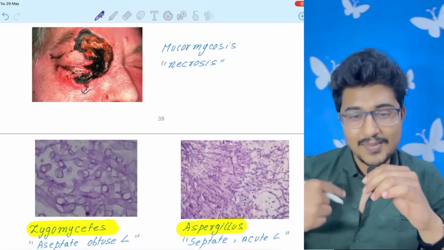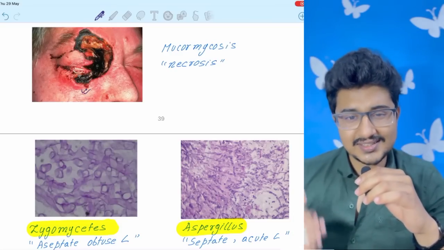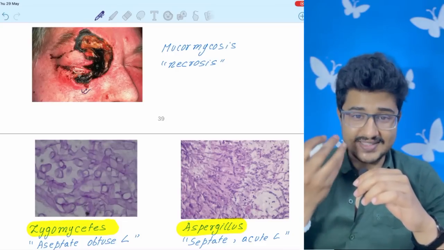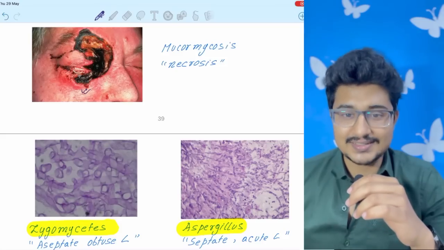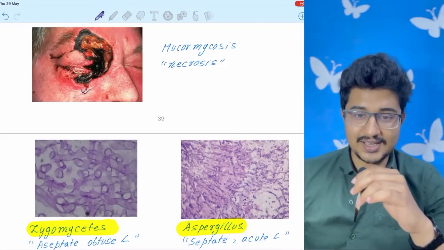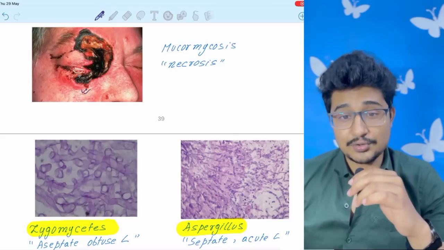I will tell you my experience when I was a non-academic JR in emergency medicine. I saw a patient with necrosis in the face, and it was black in color. Then only I diagnosed that this is a case of mucormycosis. I had never seen it in my life. From that point only, I diagnosed it's a case of mucormycosis.